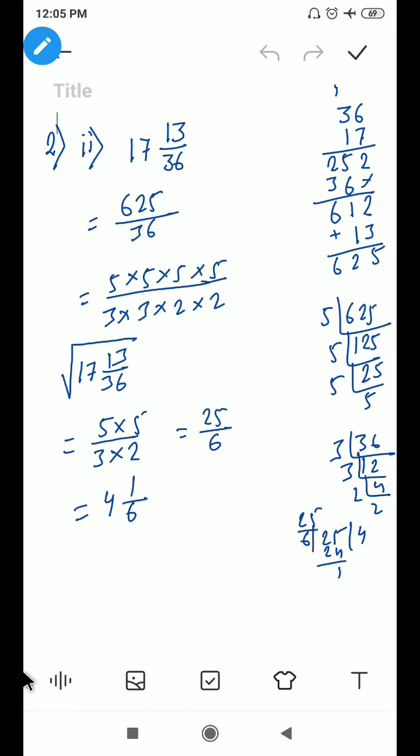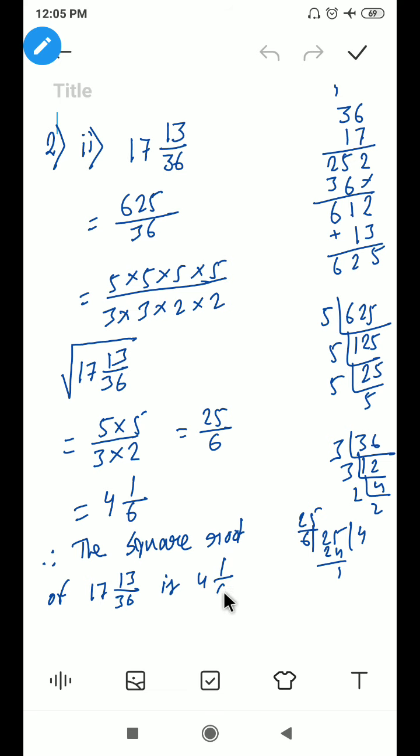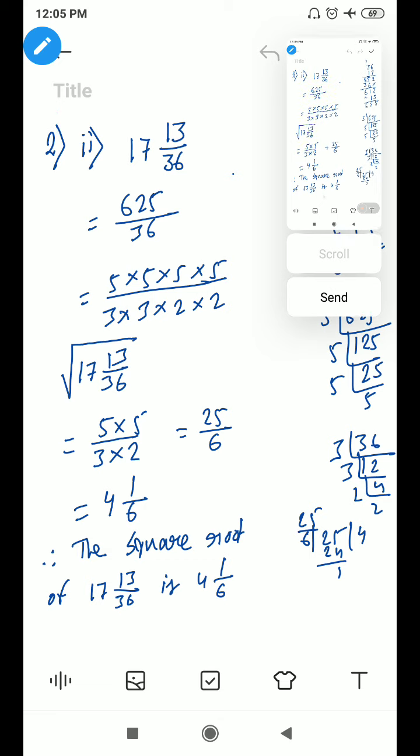This is our answer. Therefore the square root of 7 whole 13 by 36 is 4 whole 1 by 6. In this way you can do the rest of the problems of question number 2.